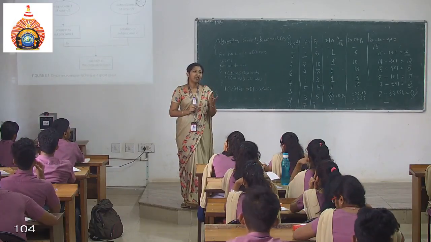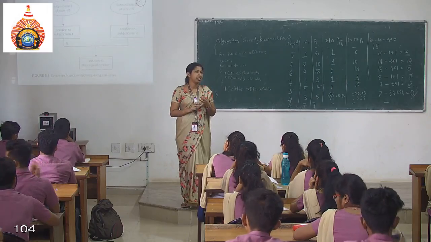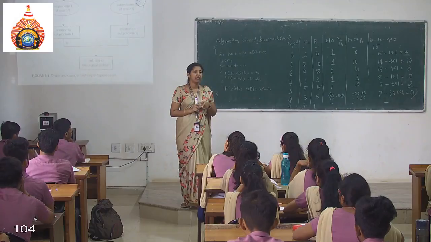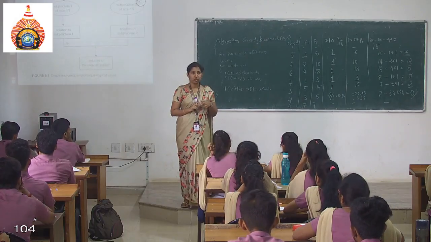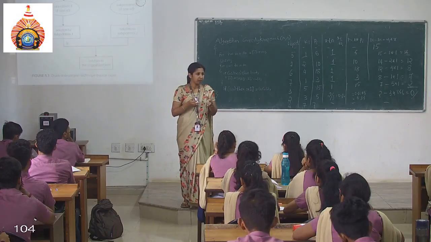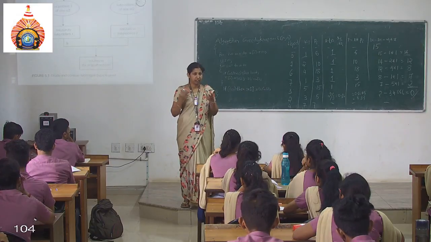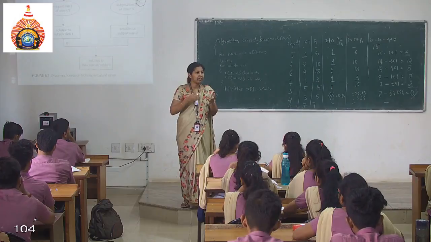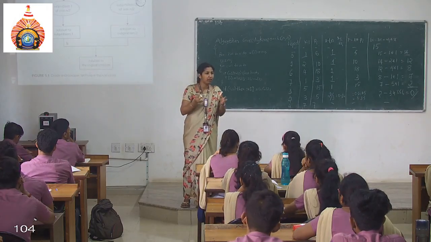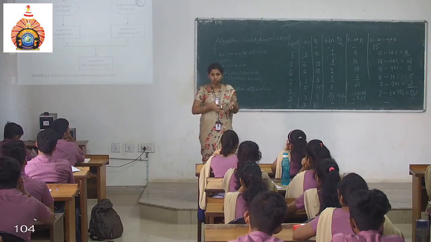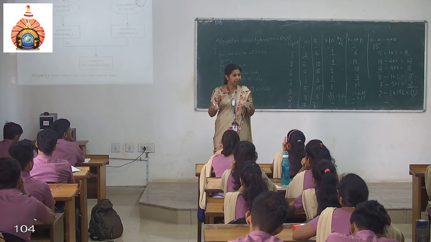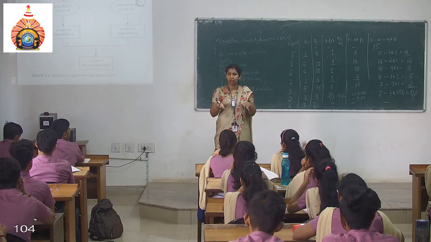There are three different types of decrease and conquer. One is based on a constant value, one is based on a constant factor, and one is variable size. Based on the technique which you want to use, you will decrease. Maybe every time you will decrease by 2 inputs. If the input size is 8, every time you decrease by 2: 8 minus 2. Next time when I solve, again n minus 2. Based on some constant value or some constant factor, or it might be of variable size.